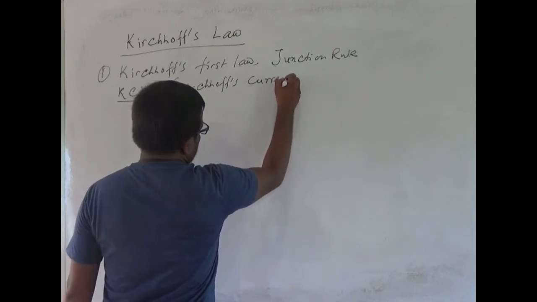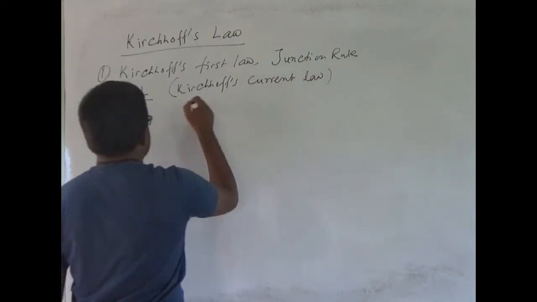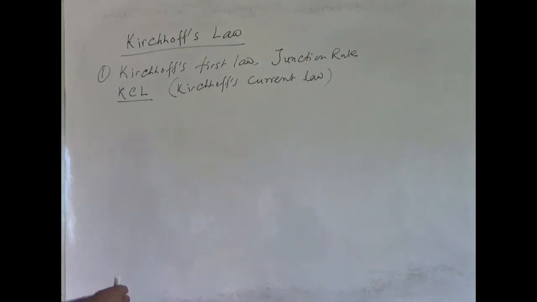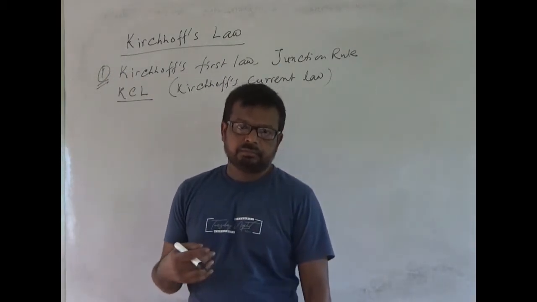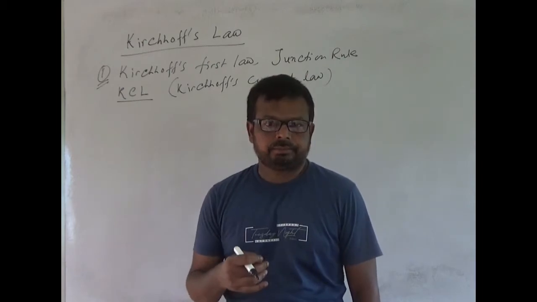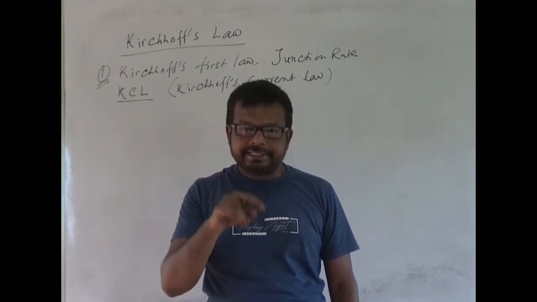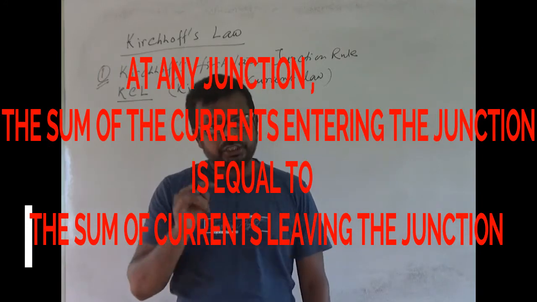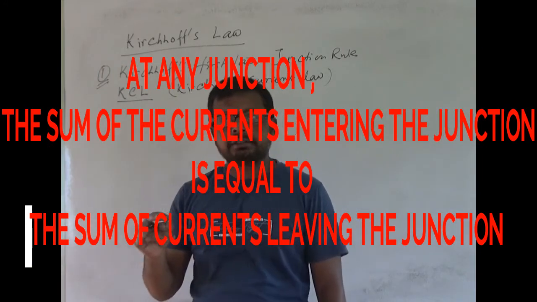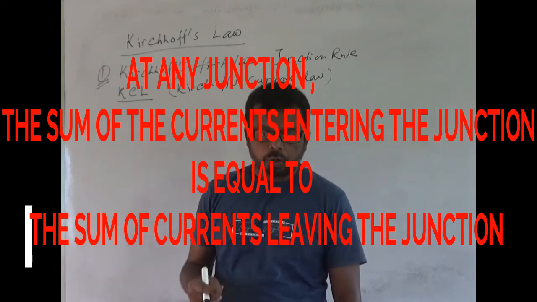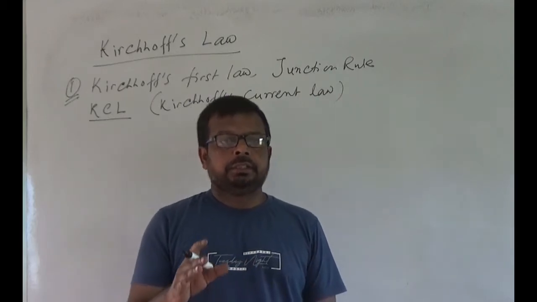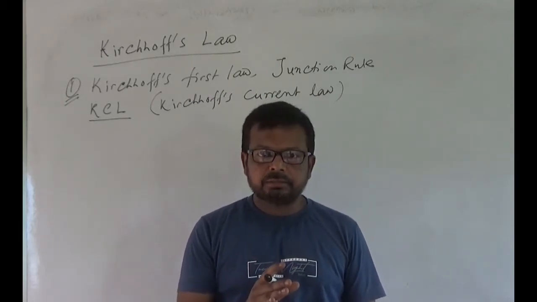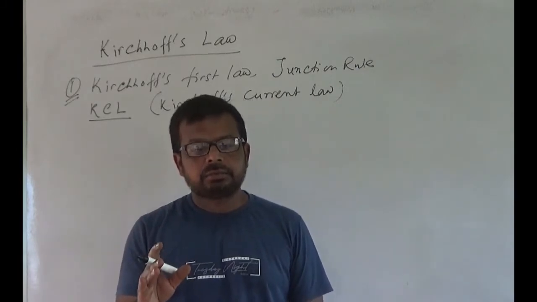This rule states that at any junction, the sum of the currents entering the junction is equal to the sum of the currents leaving the junction. Or you can say the algebraic sum of all the currents meeting a junction point in an electric circuit is 0.